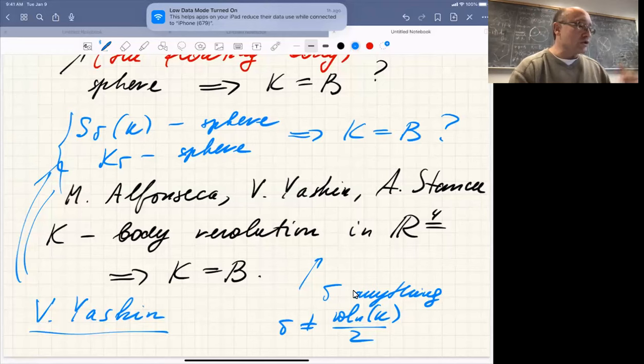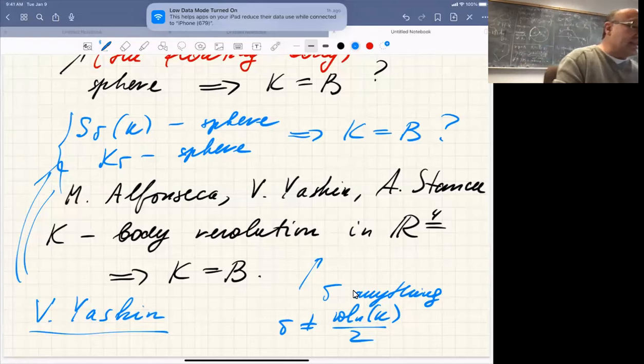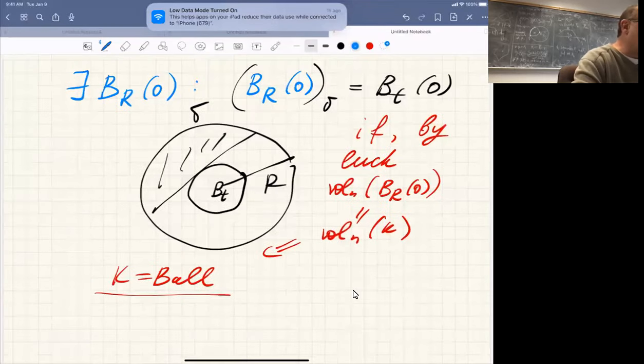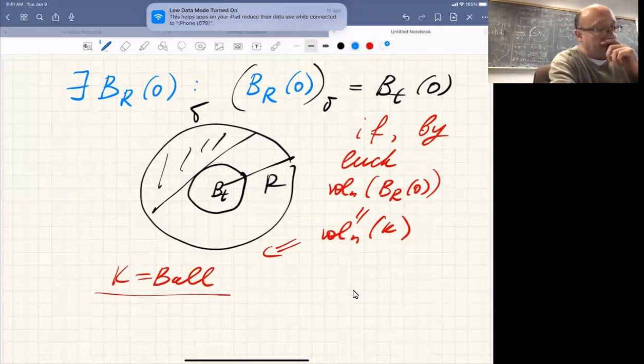So if delta is anything, then this is true for bodies of revolution. This is the whole story. Now, what Vlad did is also for any delta, in any dimension. If you are talking about this normalization constant thing, it's also in any dimension and any delta, but 1/2. 1/2 is not interesting.